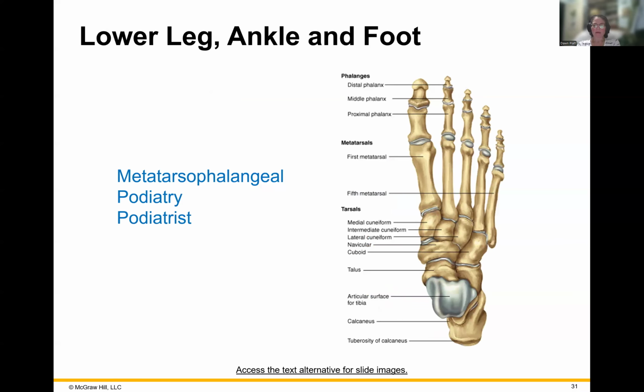And then we have our foot, same concept as our hand, except down here, instead of these bones being referred to as carpals, these are referred to as tarsals. And then we have another term, metatarsal phalangeal, again pertaining to the metatarsal phalangeals.